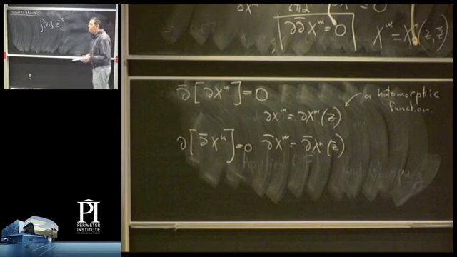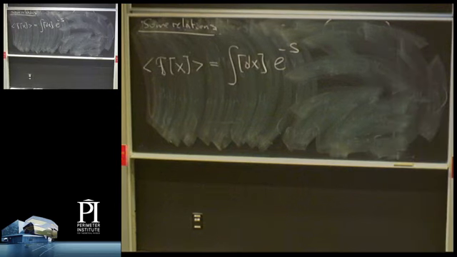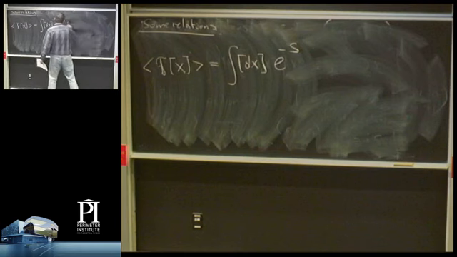If I want to know the expectation value of any operator, say an operator curly F, which is some function of my fundamental fields, I have to evaluate this path integral where I insert the operator.